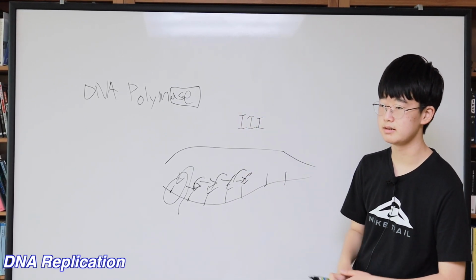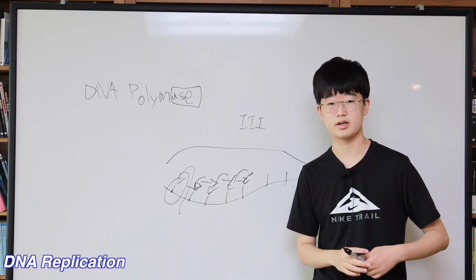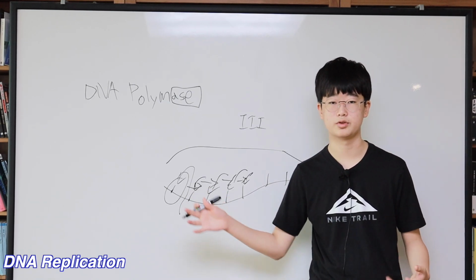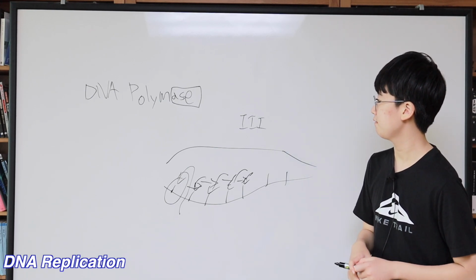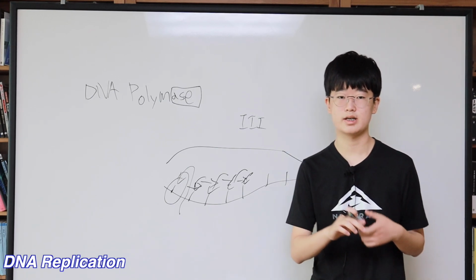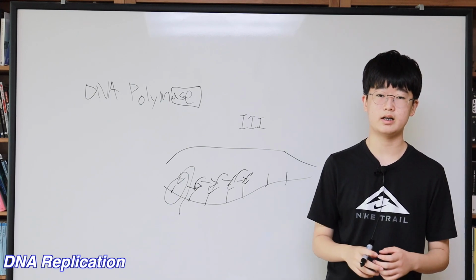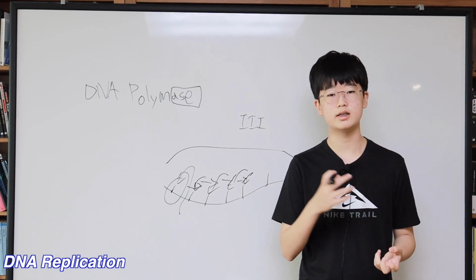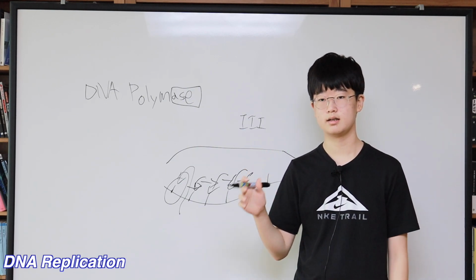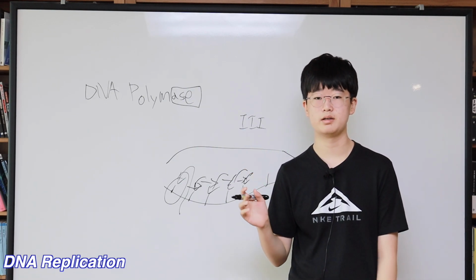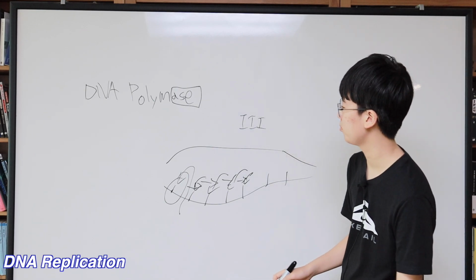And in human cells and a lot of cellular beings there are DNA polymerase epsilon, DNA polymerase delta, I think, and DNA polymerase alpha.